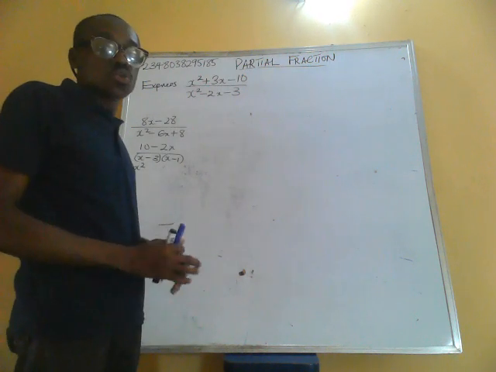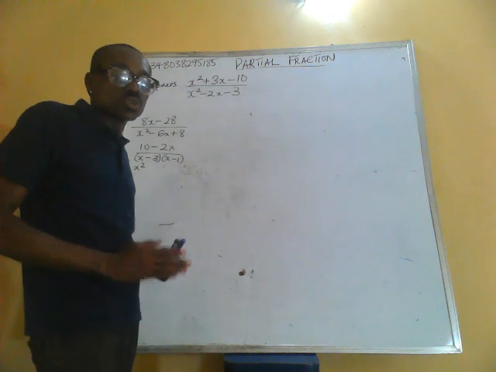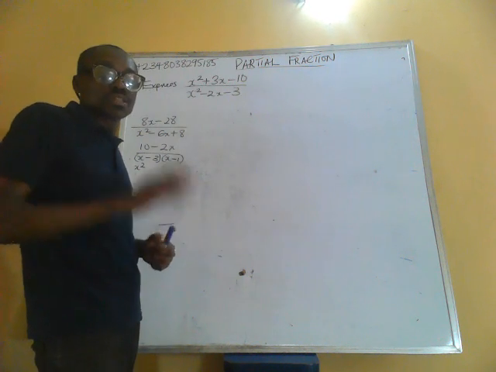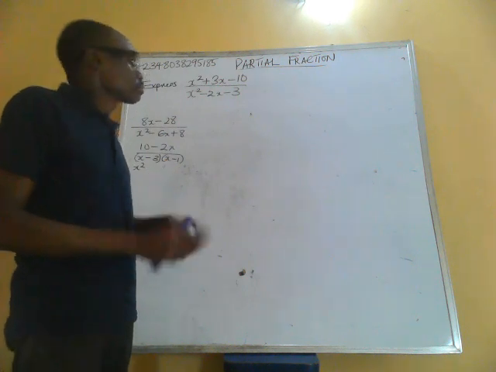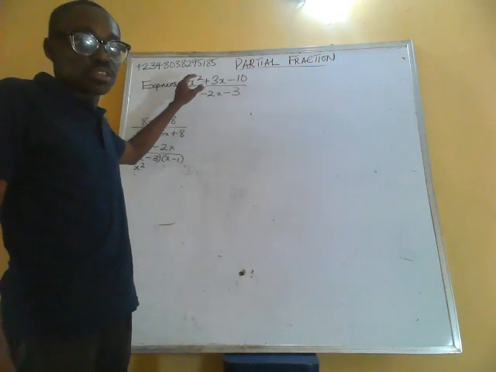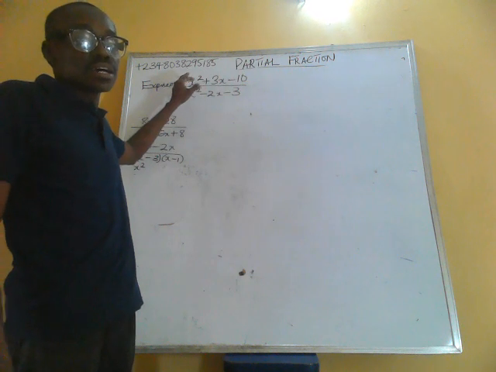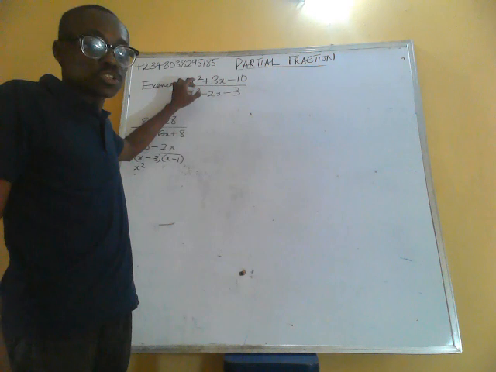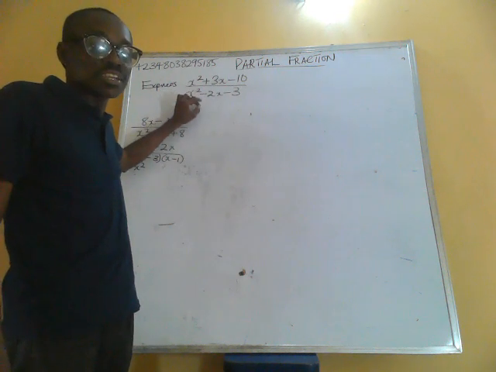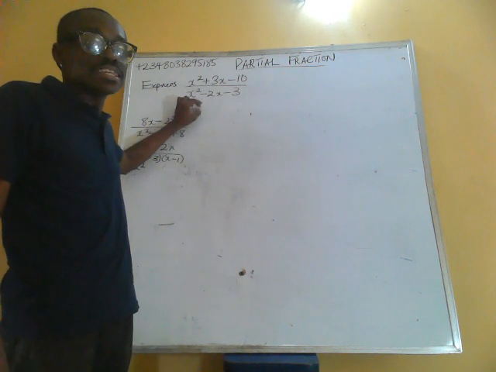So the rule, I said I was going to tell you the rule. When you are dealing with partial fraction, the first rule is that the highest degree of the expression in the numerator should be less than the highest degree of the one in the denominator.